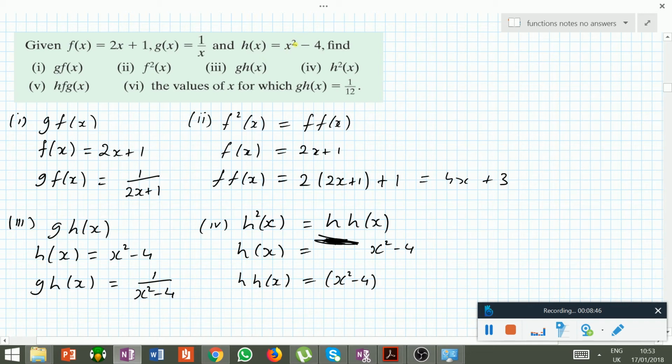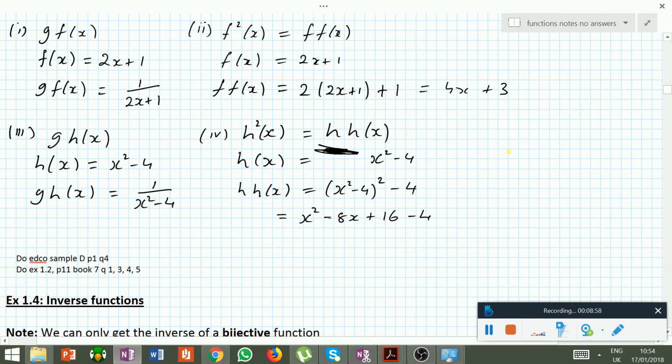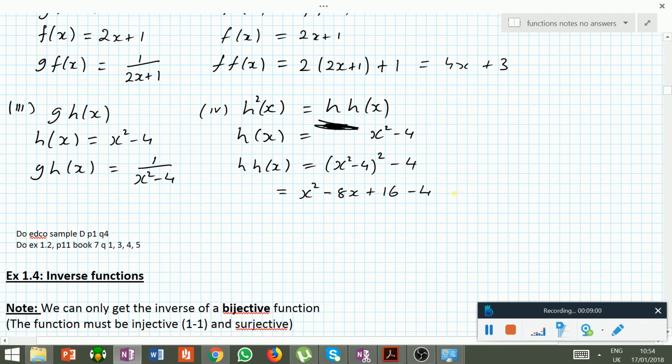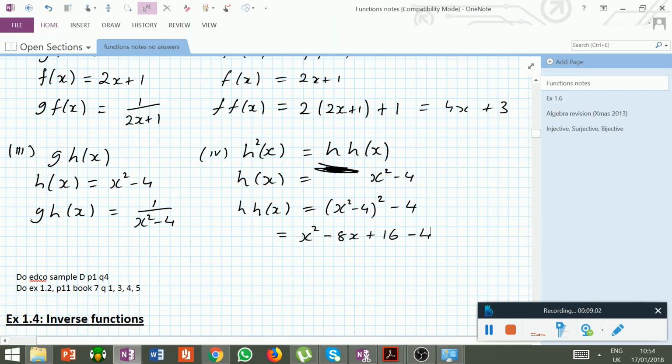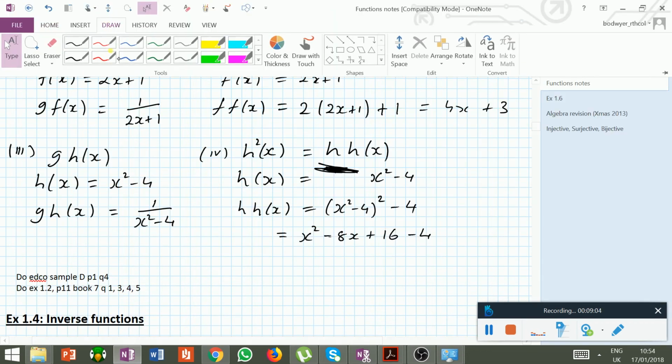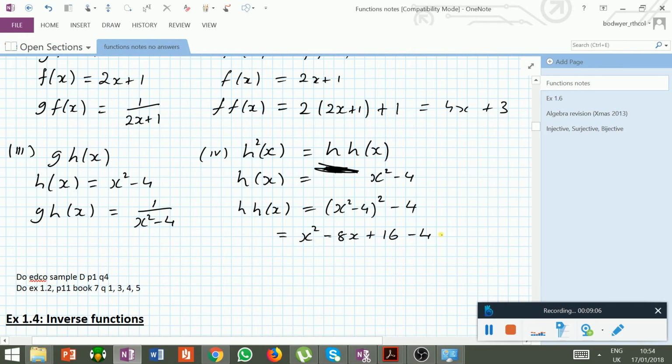But that needs to be squared minus 4. And you end up with x squared minus 8x plus 16 minus 4. And that is equal to, definitely acting up today, x squared minus 8x plus 12.